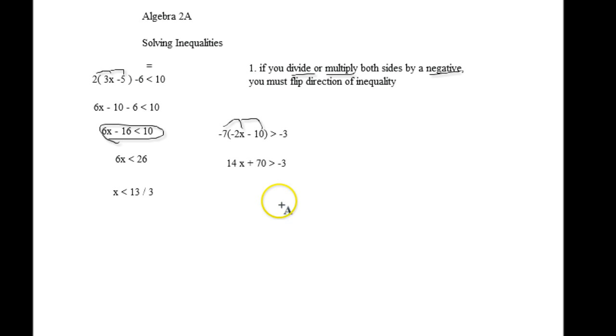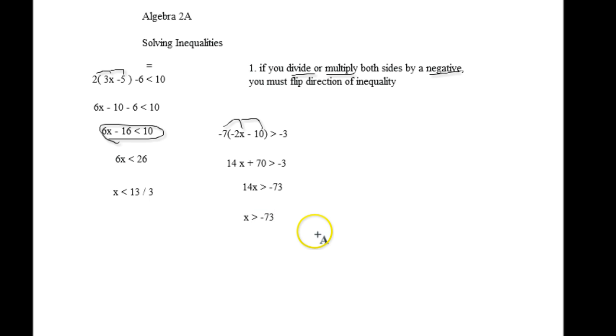Sometimes if you begin with a lot of negatives, you can end up with positives, and it saves you a whole headache. Okay, so we subtract 70 from both sides, so 14x is greater than negative 73. And then you just divide both sides by 14 and you get x is greater than negative 73 over 14.